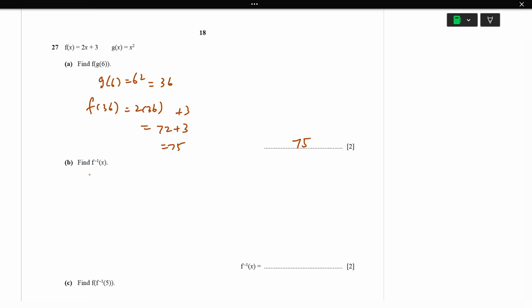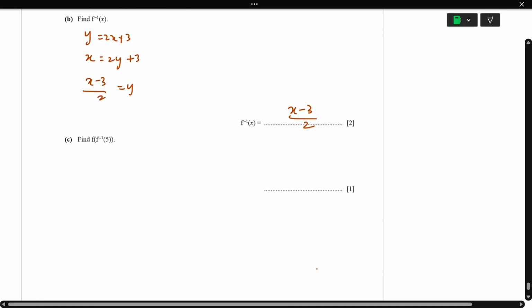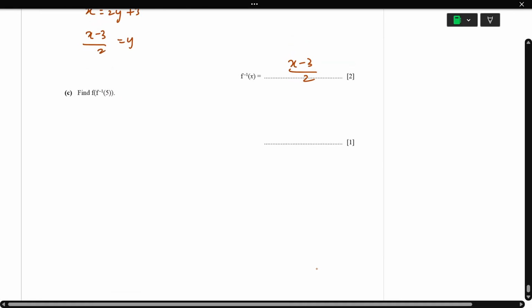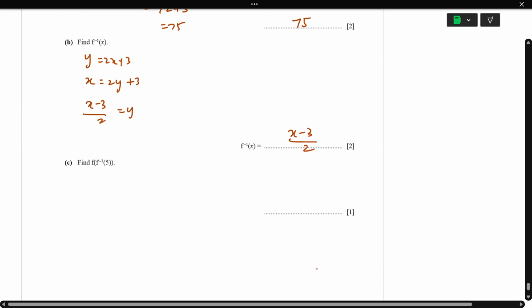So f inverse of x: y equals 2x plus 3, change x equals 2y plus 3, swap x and y, make y the subject: x minus 3 over 2 equals y. So f inverse of x is x minus 3 over 2. Next one, f of f inverse of 5.